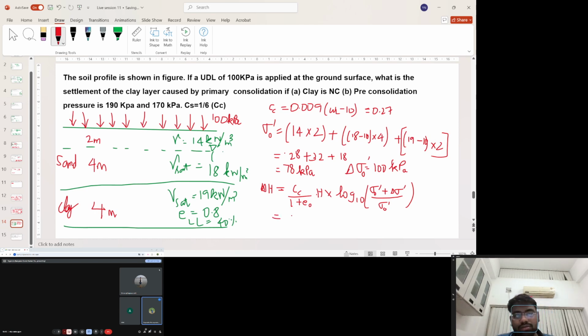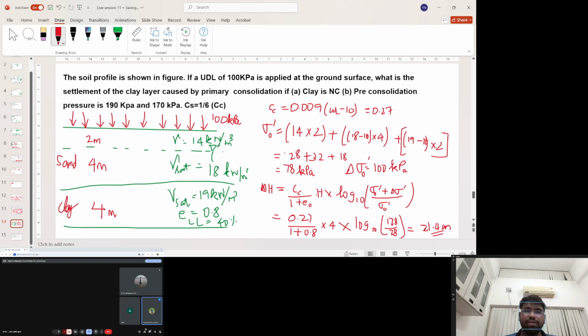Right? So this will be 0.27 by 1 plus 0.8 into 4 into log 10 of 178 by 78. How much are we getting? 0.214. It is 21.4 centimeters, right? Yes, sir.